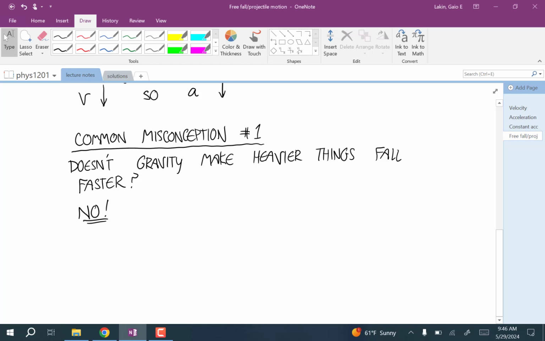It just has to do with the effect of air resistance. So when that happens, it's only because of air resistance.